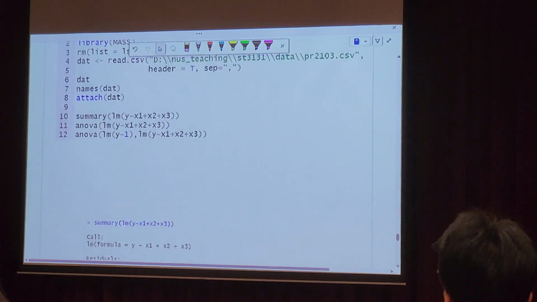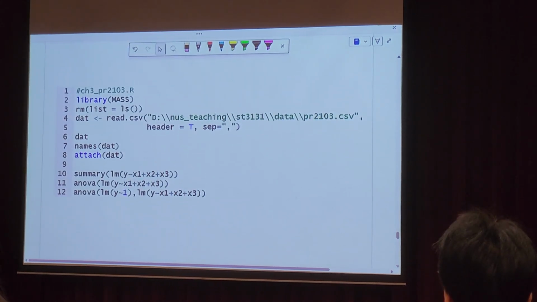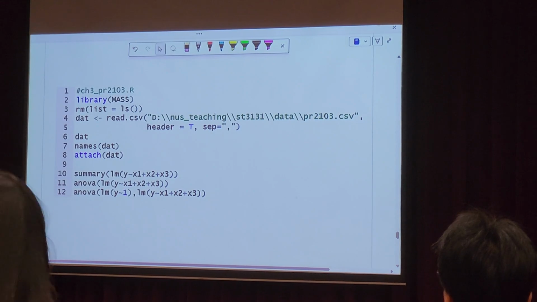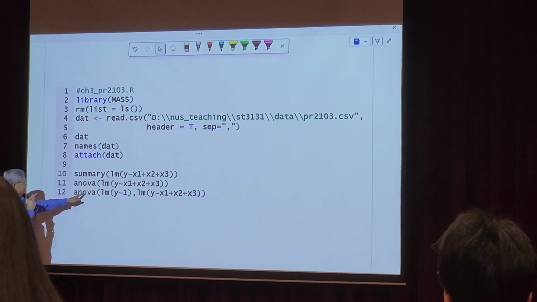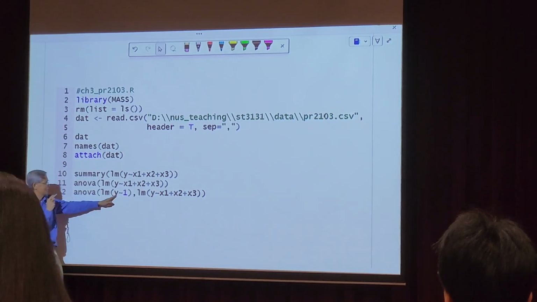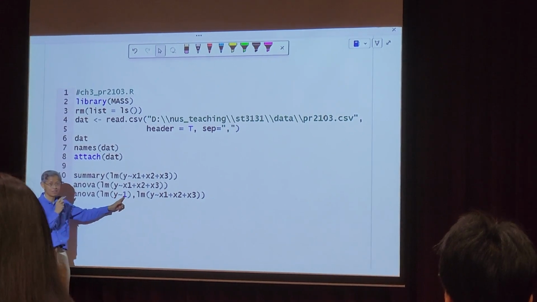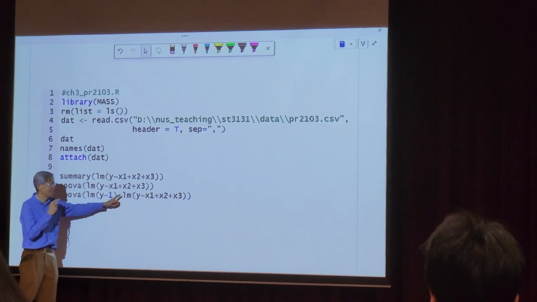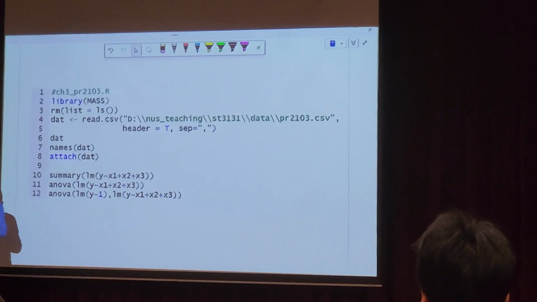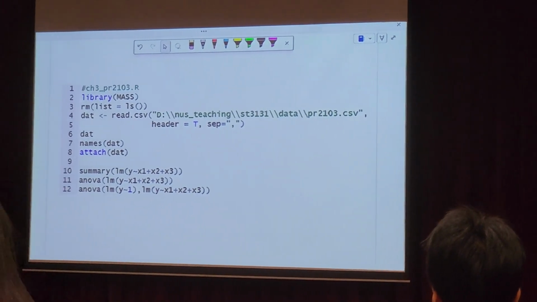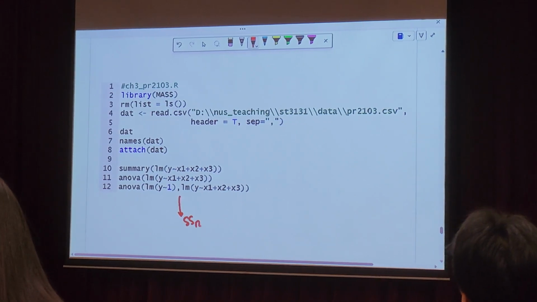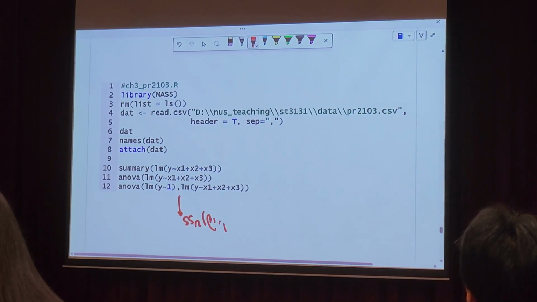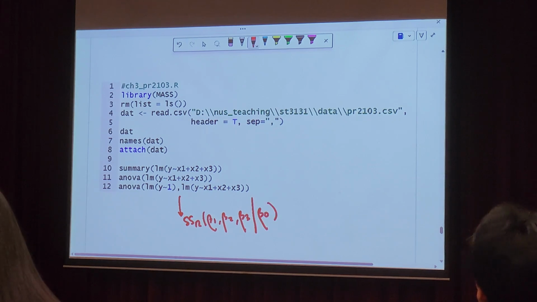So here, for example, I want to fit the model. And then, as I've told you, comparing this model with beta naught only, this amounts to testing. So this will give us the sum of squares of regression for beta 1, beta 2, beta 3, given beta 0.